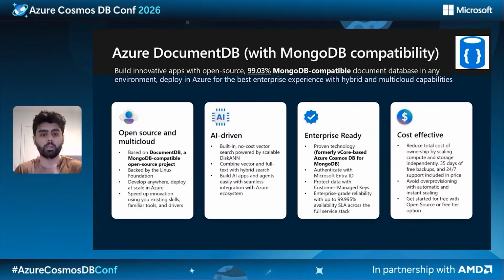You can build innovative apps with a truly open source, 99.03% MongoDB compatible document database in any environment. You can also deploy in Azure for the best enterprise experience with hybrid and multi-cloud capabilities. It has AI built right into it. It has built-in no-cost vector search powered by scalable DiskANN.